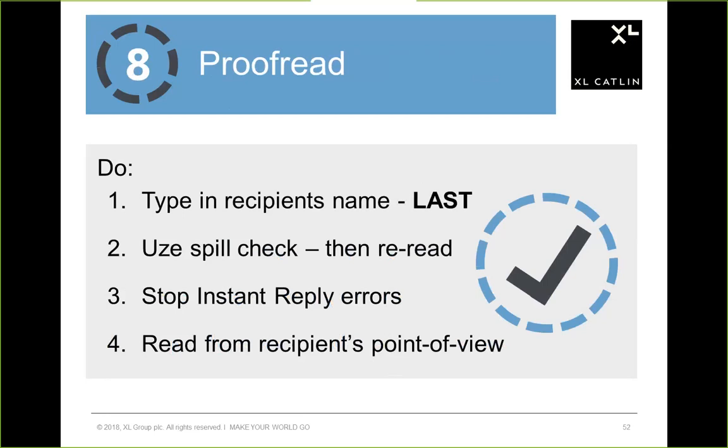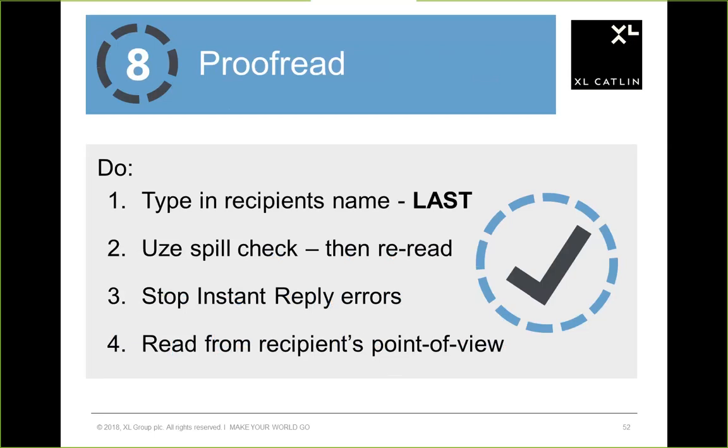Proofreading, I mentioned this earlier. It's easy for us to ignore this step. We may become a little bit too complacent or reliant on spell check. Those don't always work. Sometimes they will replace words that we intend with something else, and that can get us into trouble. So use spell check.